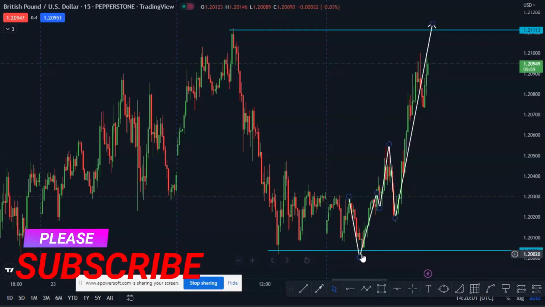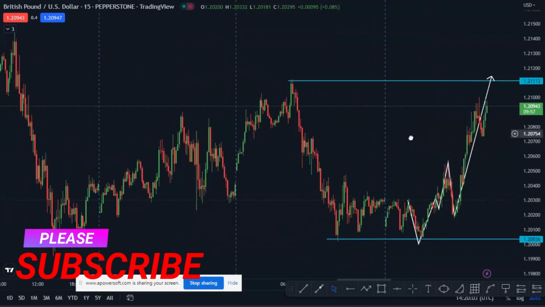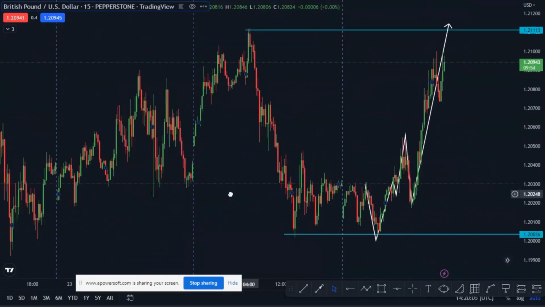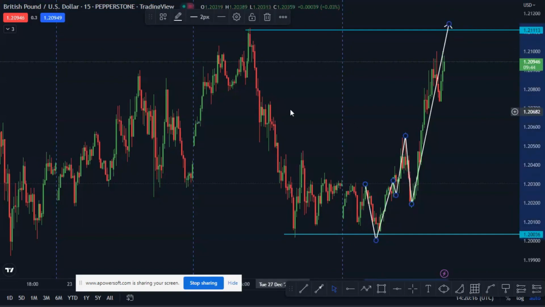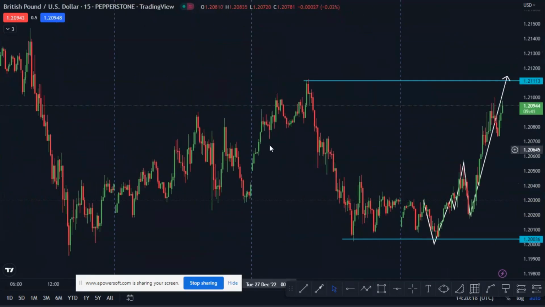We swept below these lows, and then the main interest was going to go up, which means this was a reversal. Today was a reversal day, and even yesterday it was a reversal day. So you need to be determining that.